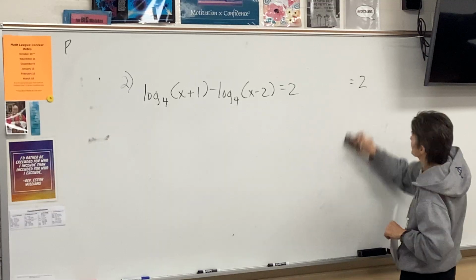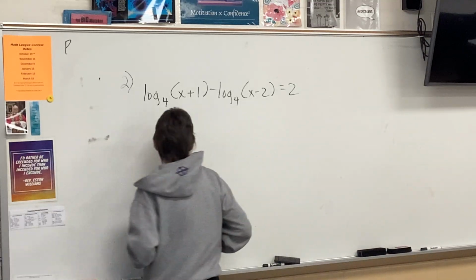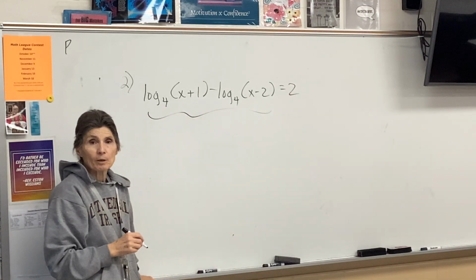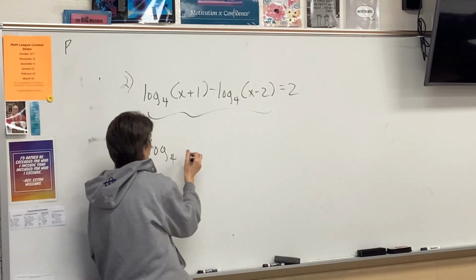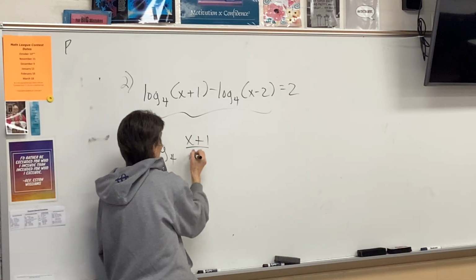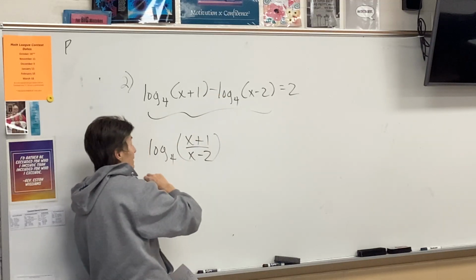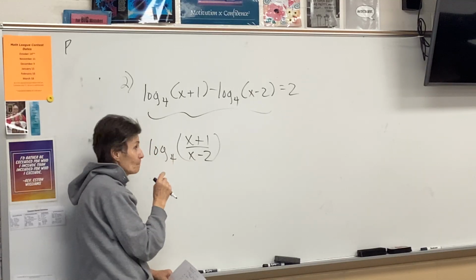Don't need one. What's step 1? Gotta put them together. So log base 4, x plus 1 over x minus 2. This becomes a division because it's a minus again. If that had been a plus, we'd be multiplying these, foiling them.